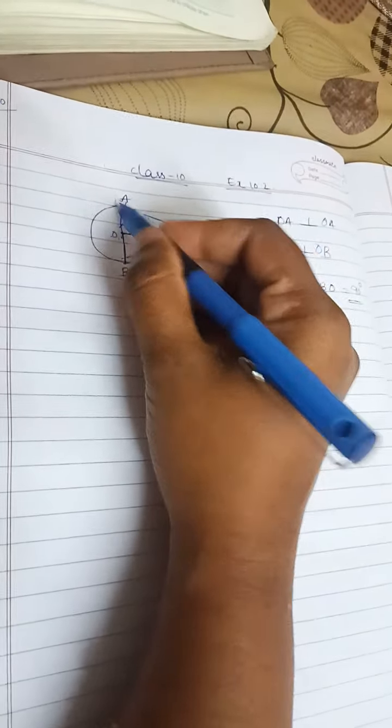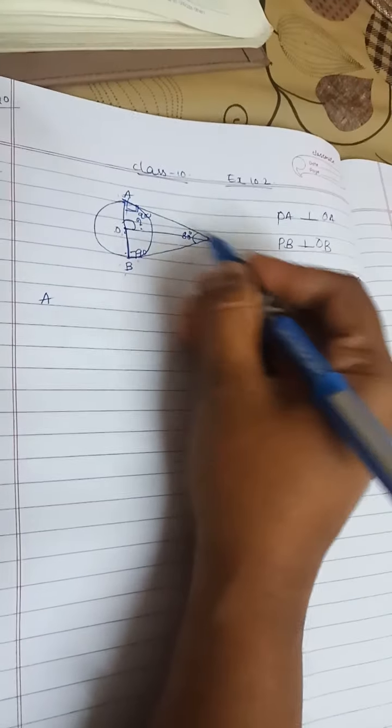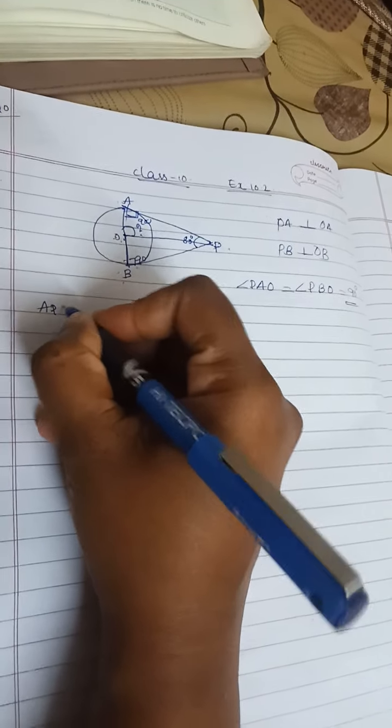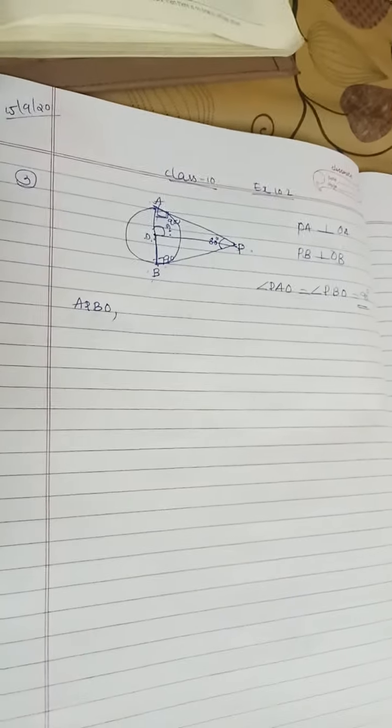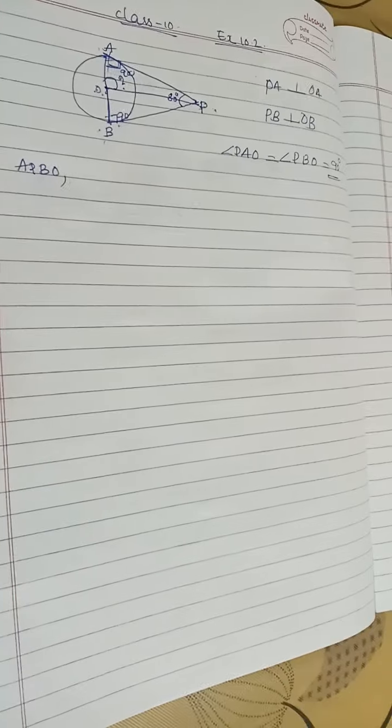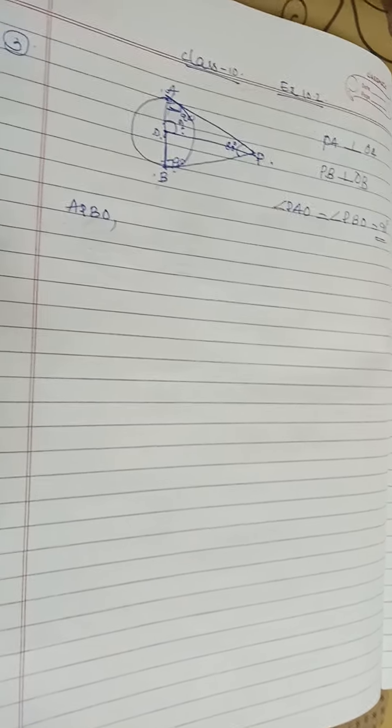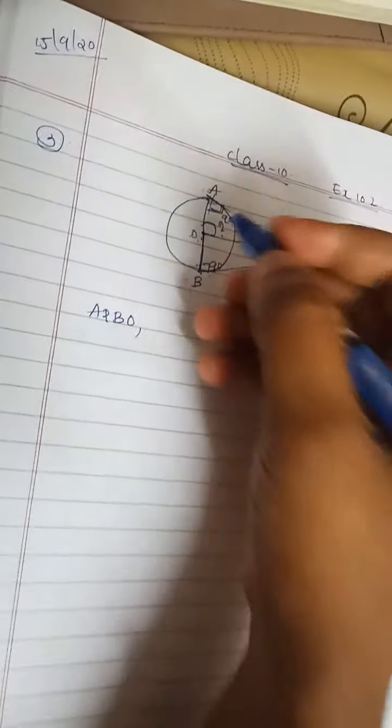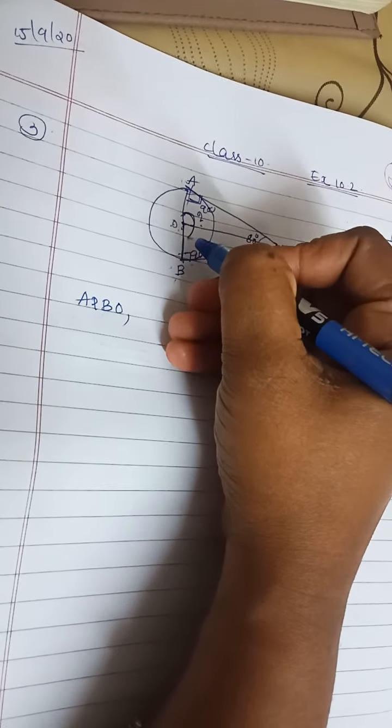So if I am taking the quadrilateral APBO, I am going to apply angle sum property of quadrilateral. Okay, so we can find out this angle here. This one.